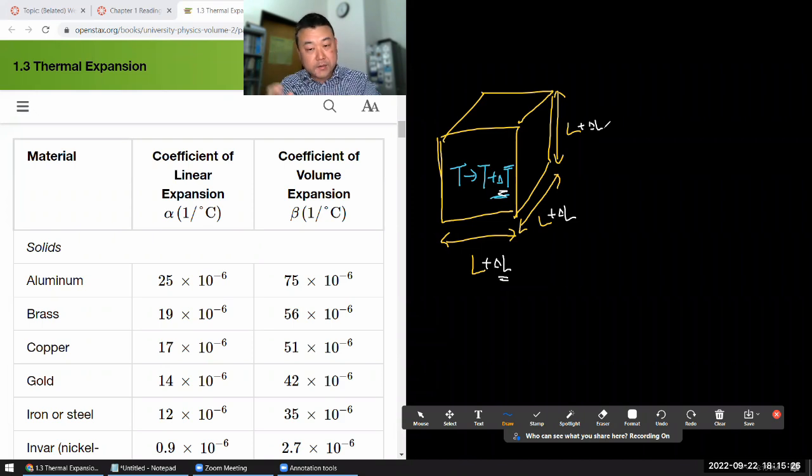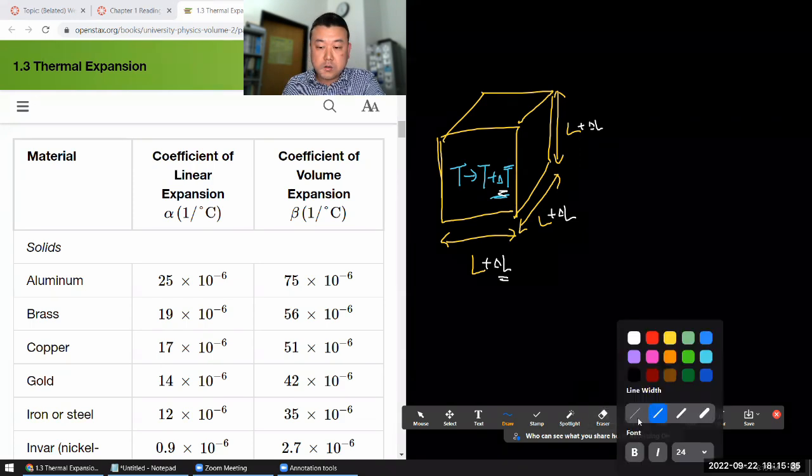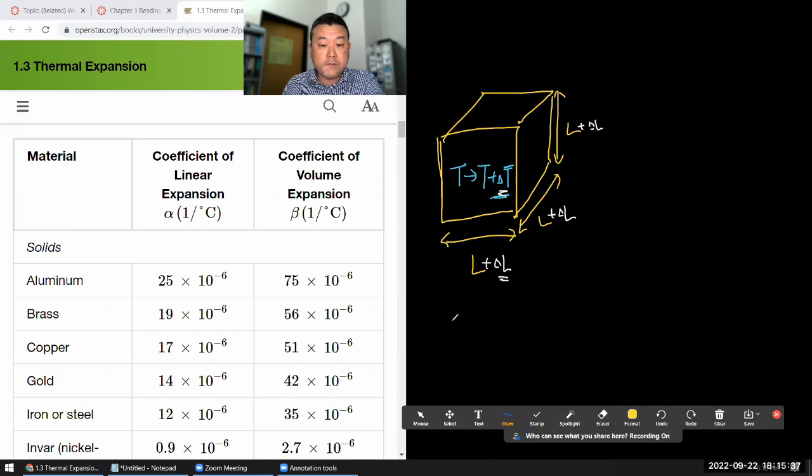Now, with this starting point, we can talk about what you expect the volume change to be. So we can start out with a description of the volume. We started out with the volume of a cube, so L cubed should be its volume.